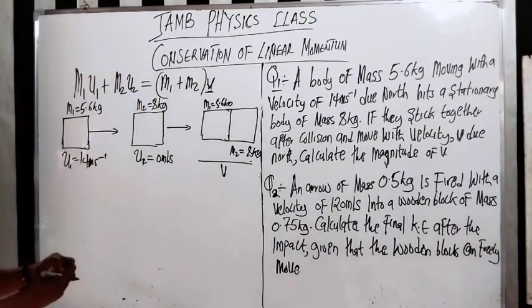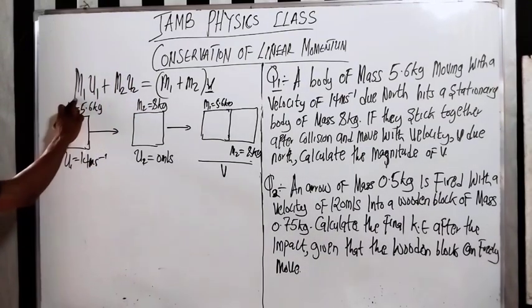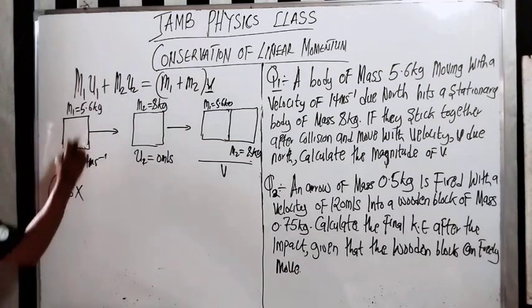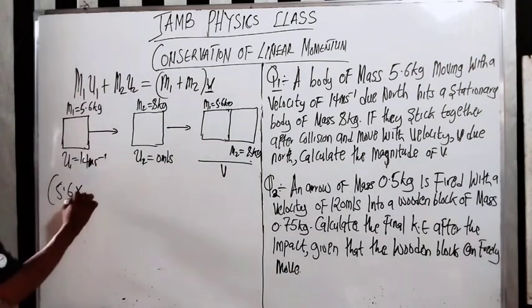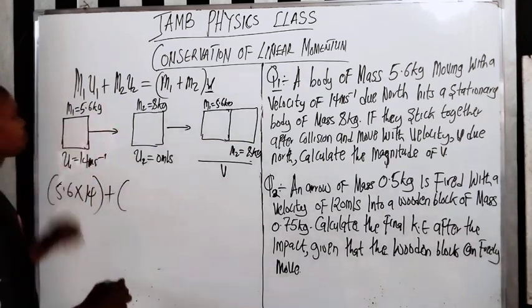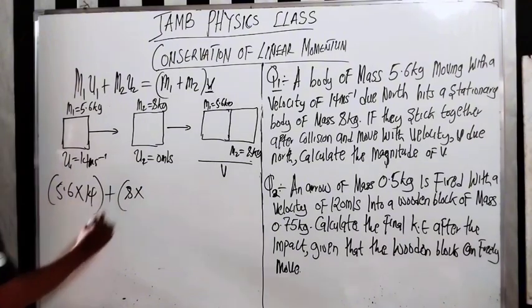So now let's apply this formula. How do we apply it? m1 times u1: my m1 is 5.6, times u1, which is 14, plus m2, which is 8, times u2, which is 0.